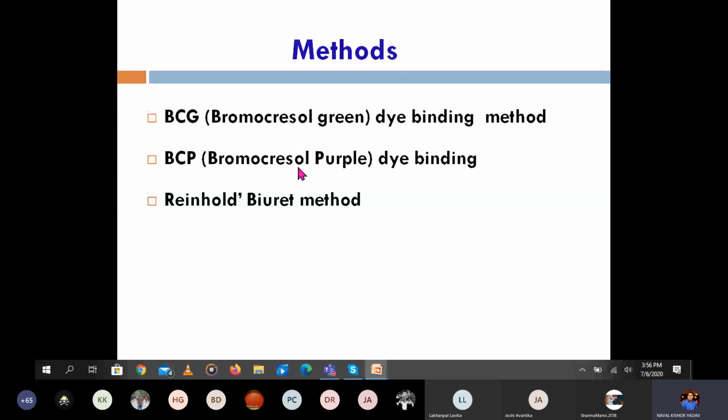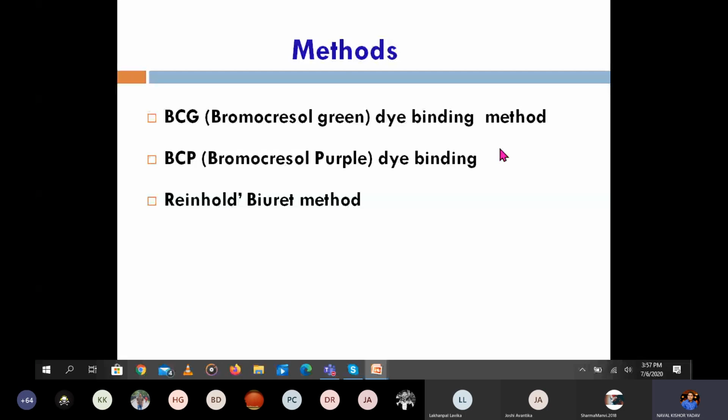Then the Reinhold biuret method, a modified biuret method. These are the three methods, but BCG is commonly used. If you don't have the BCG reagent, you can use BCP. So there are different methods for the estimation of serum albumin.